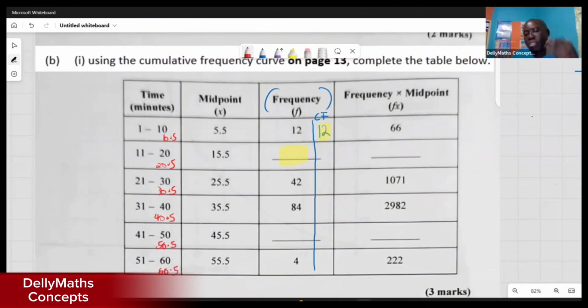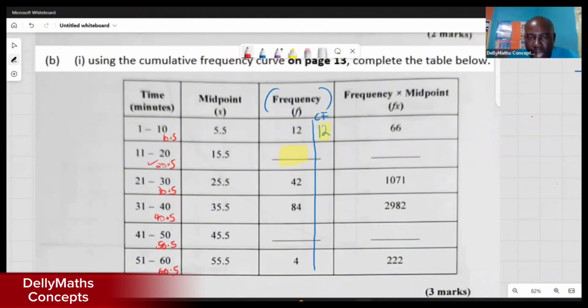Those are the numbers that we're going to be using, but I'm not going to use all. The idea is if I find two consecutive cumulative frequencies and subtract them, I'll get the frequency. So I will need to find the cumulative frequency for 20.5.